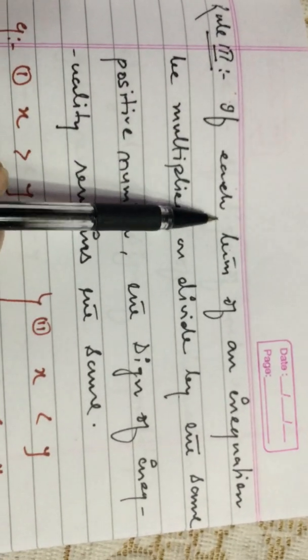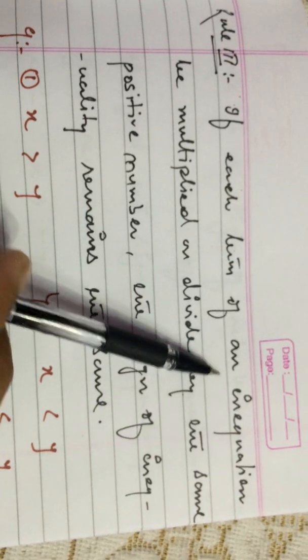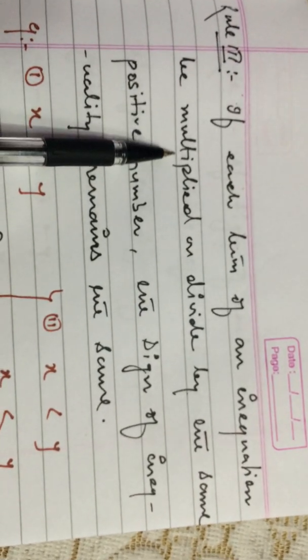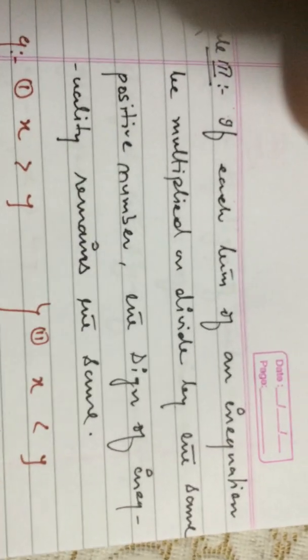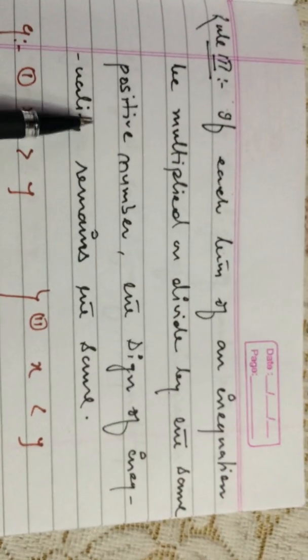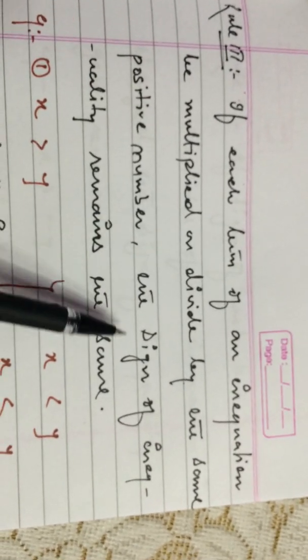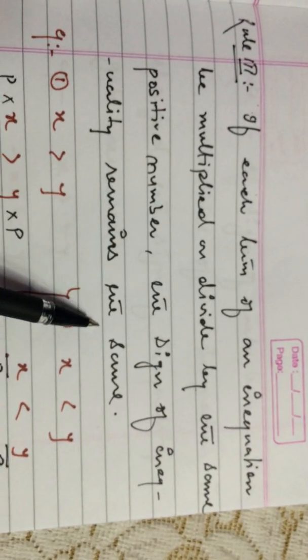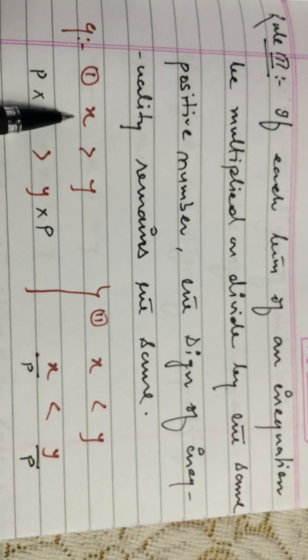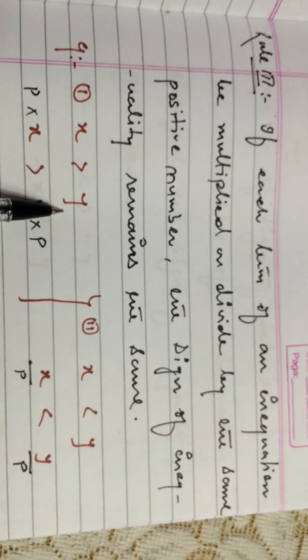If each term of an inequation is multiplied or divided by the same positive number, the sign of inequality remains the same. For example, x is greater than y.